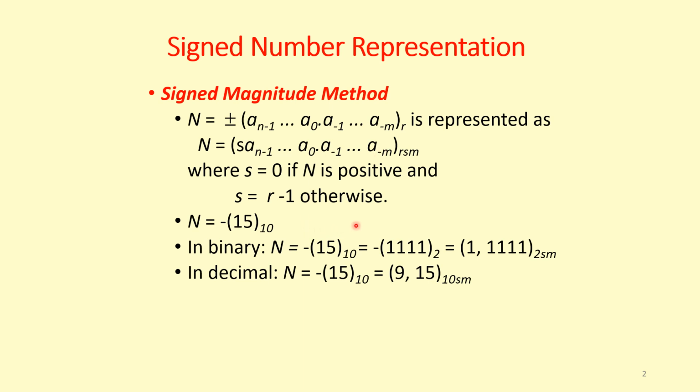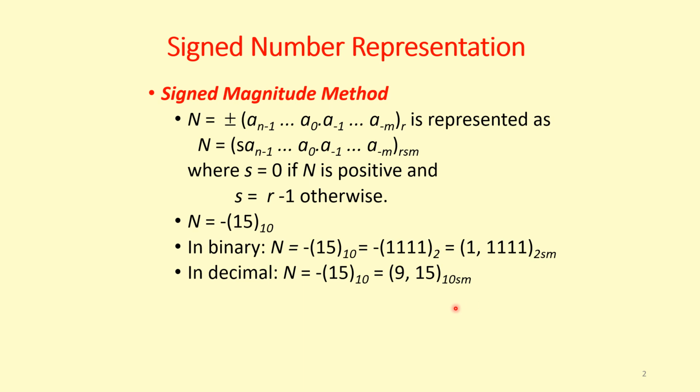But if we are considering a decimal number, the base is 10, so for positive numbers s is 0, but for negative numbers, as the radix is 10, it will be 10 minus 1, 9. So minus 15 in decimal with sign and magnitude will be 9, 15. And here it is written with a subscript 10. 10 is the decimal number representation, and S and M stand for the sign magnitude number representation system.